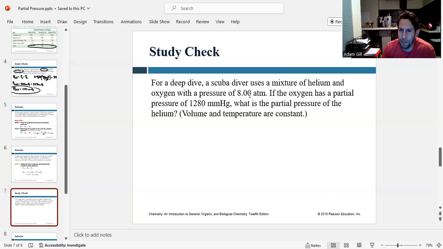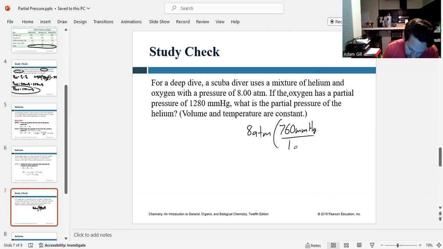So let's convert atmospheres into millimeters of mercury again. So 8 atmospheres times 760 millimeters of mercury per every 1 atmosphere. So 8 times 760 would be 6080 millimeters of mercury.